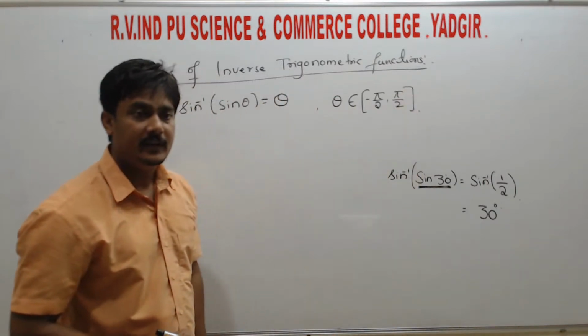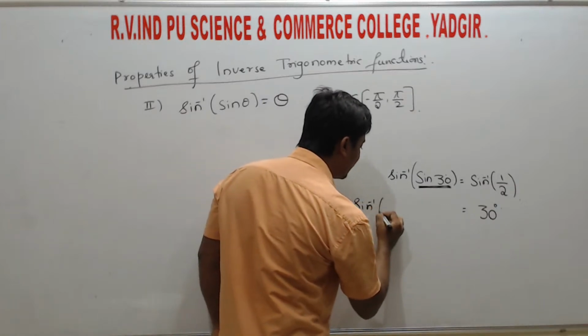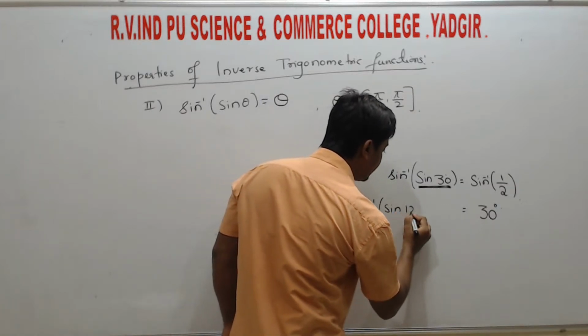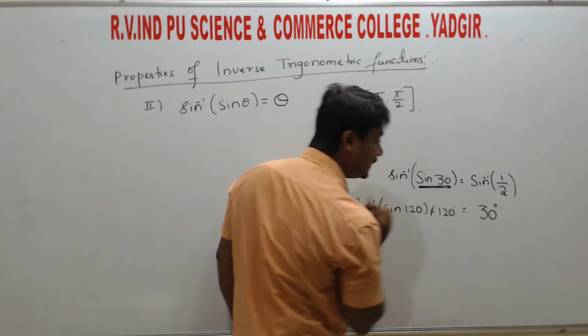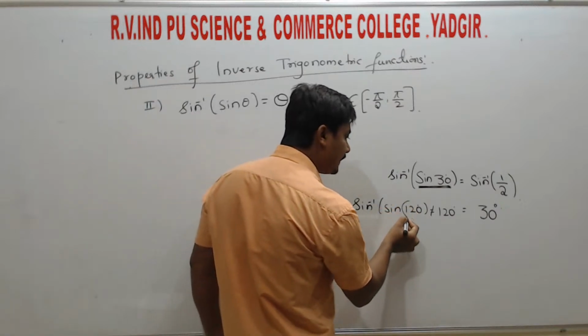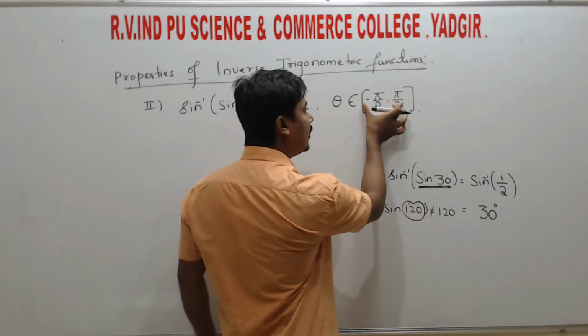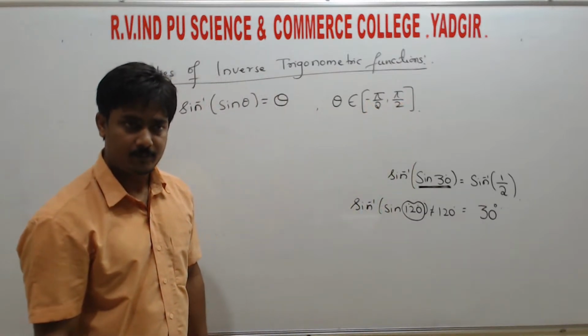I often see many students committing mistakes here. If I ask you what is sine inverse of sine 120 degree, in this case you cannot say the answer as 120 degree, because the theta value present here is not in the principal value branch of inverse sine function.